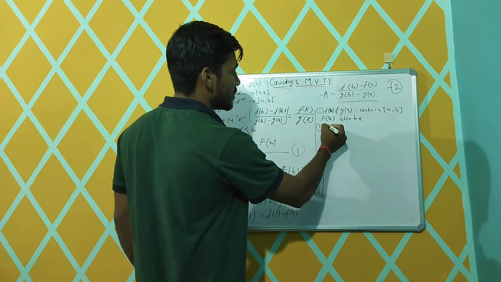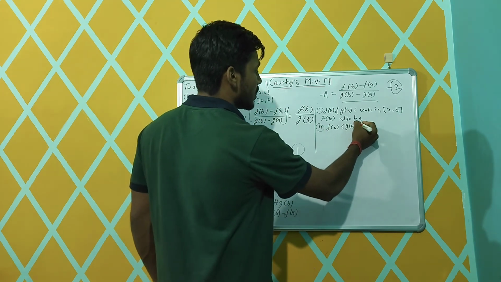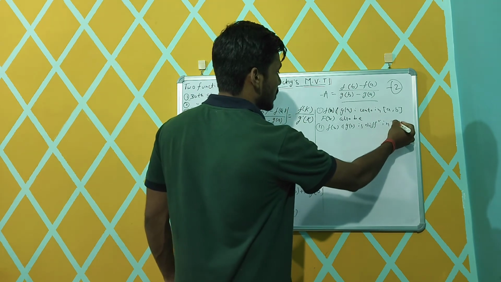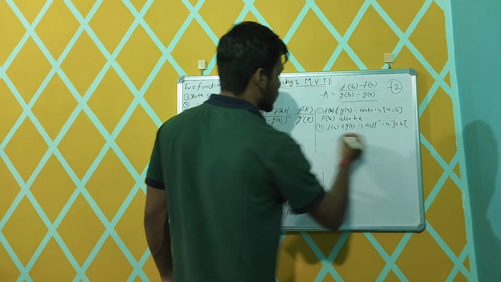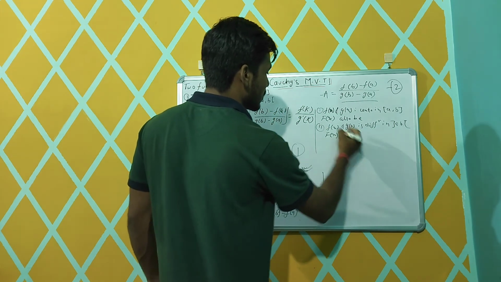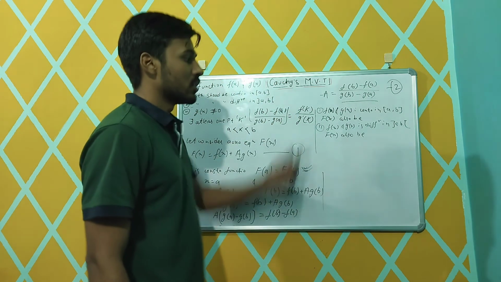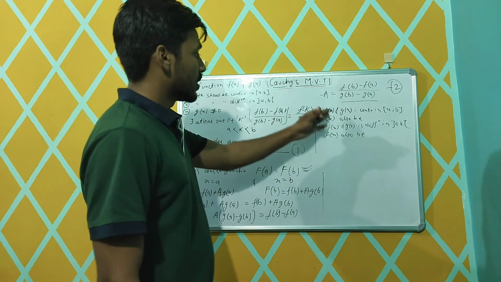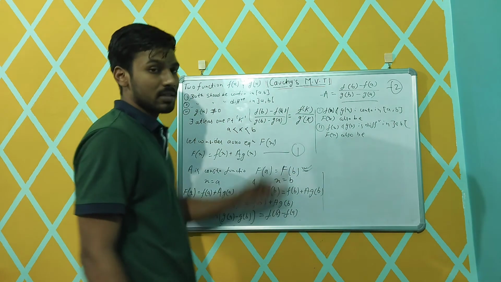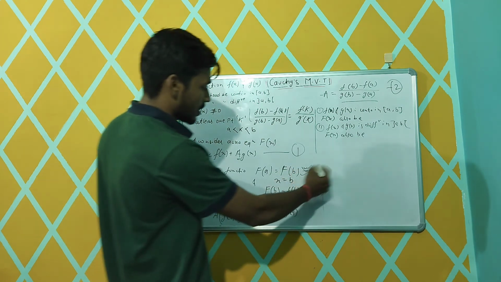And the second one is that f of x and g of x are differentiable in the open interval (a, b), so the auxiliary function will also be differentiable in the open interval (a, b).